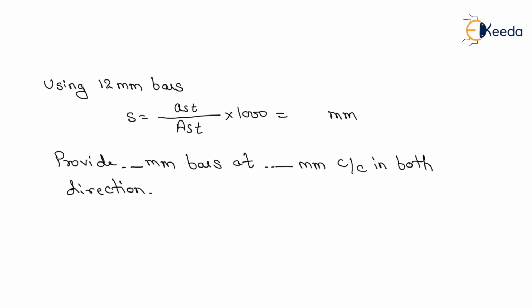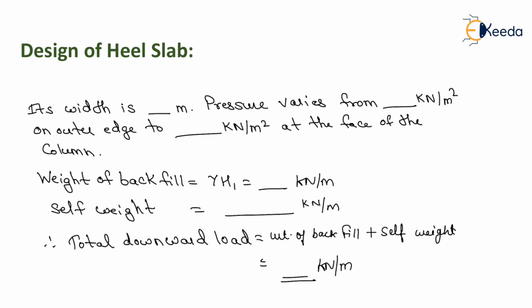Using 12 mm bars or any other diameter bars you can use, it is up to you. We will provide spacing by using formula small AST upon capital AST into 1000, calculated in mm. Now provide dash mm bars at dash mm center to center in both directions.